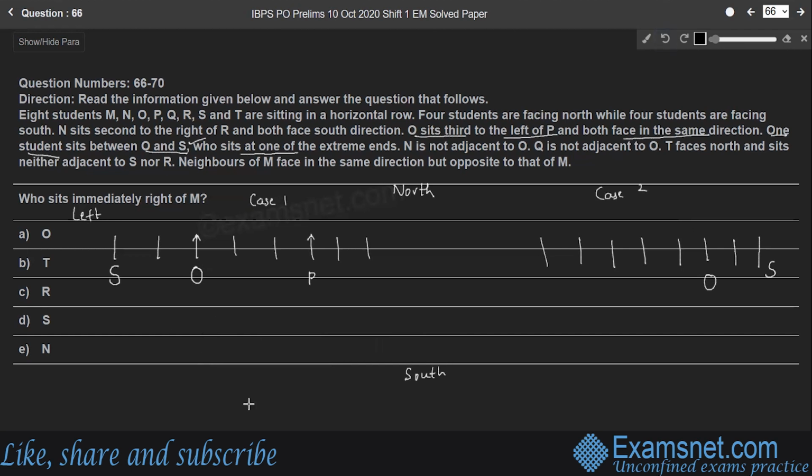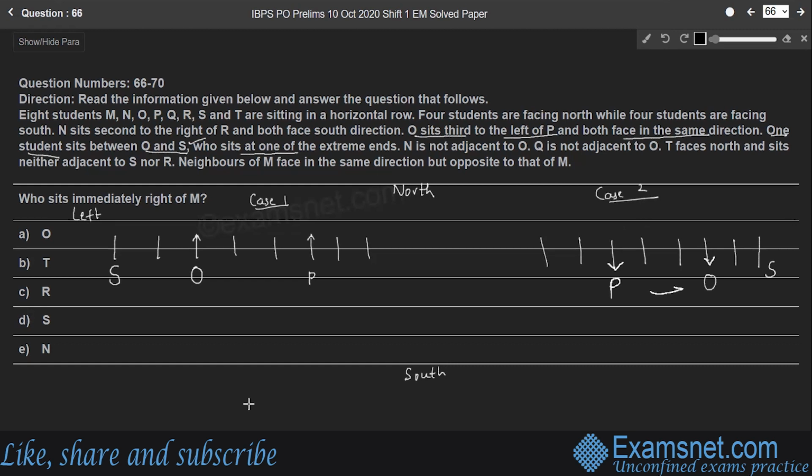Right? Next point, in the second case, right? If O is facing north direction, position of P will be here. Is it correct? No, this cannot happen because O sits third to the left of P. So this direction is right of P. So in this case, we have to reverse the direction of O and P. That means if O faces south, so left of P, P also has to face the south.